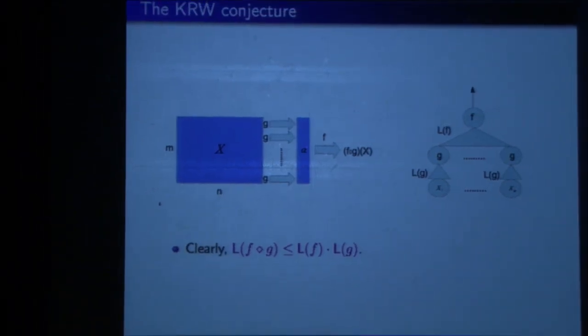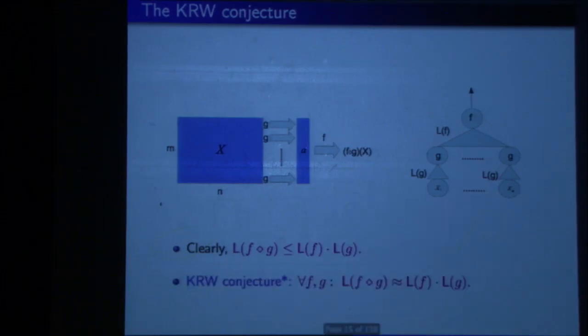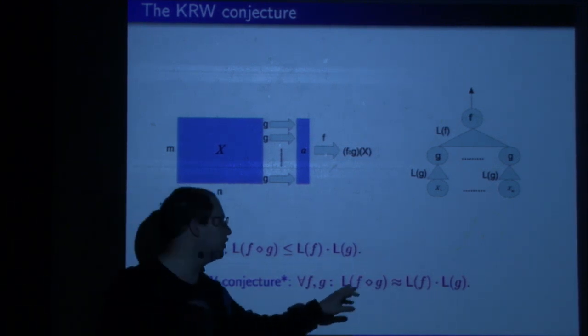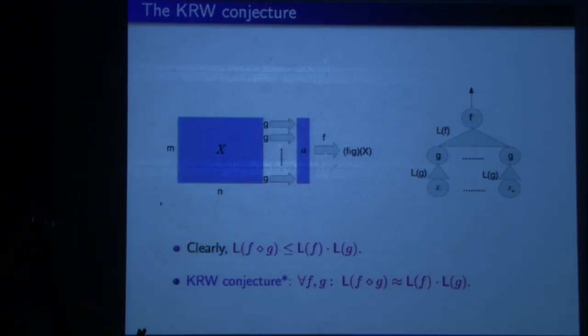Now, what KRW asked is whether this is optimal. And what I refer to as the KRW conjecture is the conjecture that this is indeed roughly optimal. There is a star here because the original conjecture actually was not about formulas but about circuit depth, but it's not going to matter for this talk.